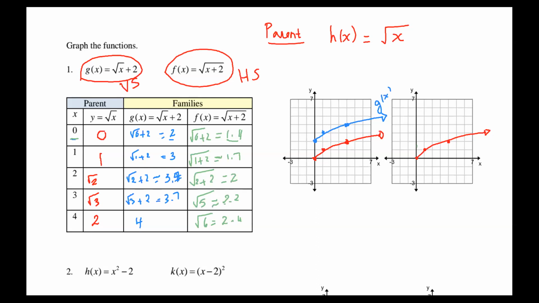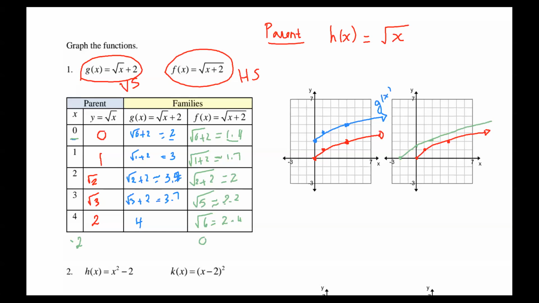Let me do one more thing here. Let's put -2. So we get 0, because that's where we are going to move. It's going to move to the left 2 points. And then we have 2 and 2. So the graph goes like this.